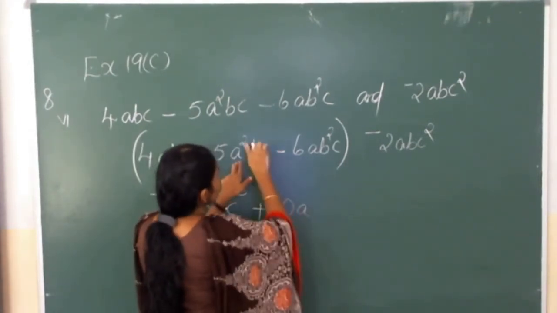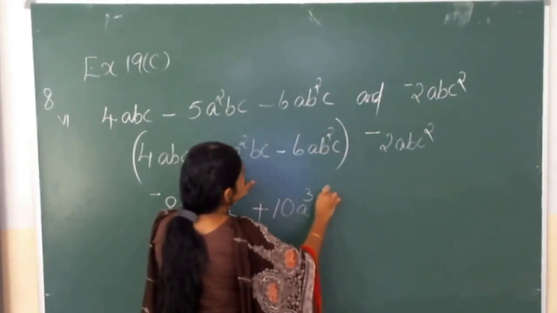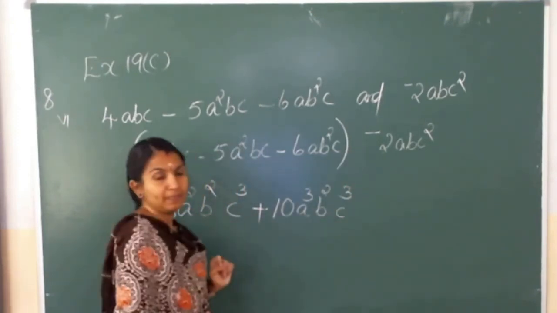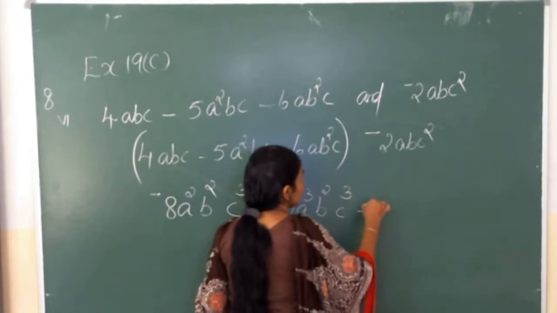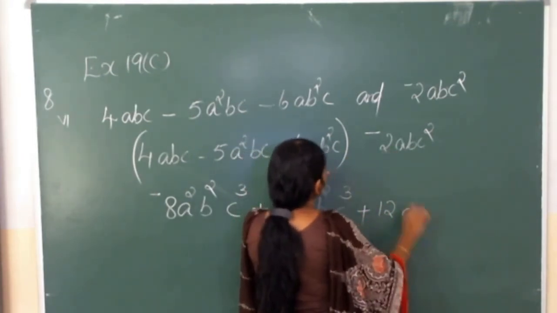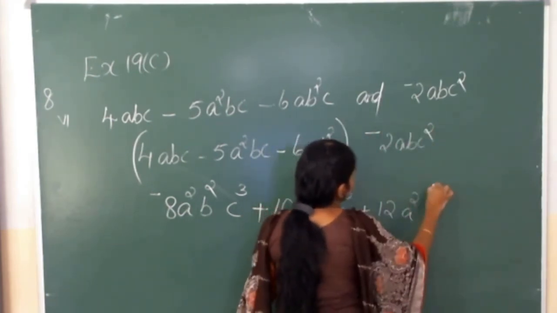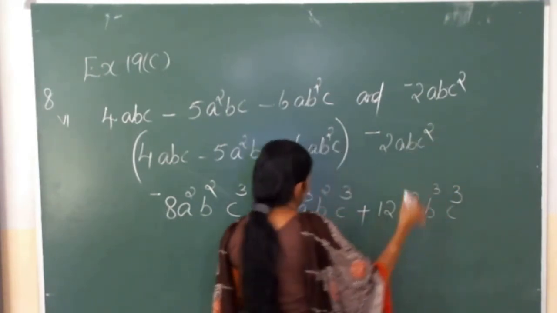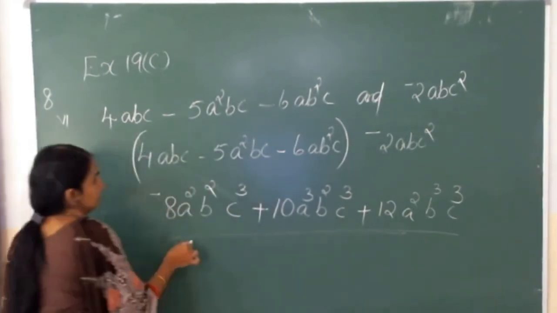A raised to 2 plus 1 is 3. B raised to 1 plus 1, 2. C raised to 1 plus 2, 3. Now this negative sign, negative into negative, positive. 6 2s are 12. A raised to 1 plus 1, 2. B raised to 2 plus 1, 3, and C raised to 1 plus 2, 3. And this is the answer.